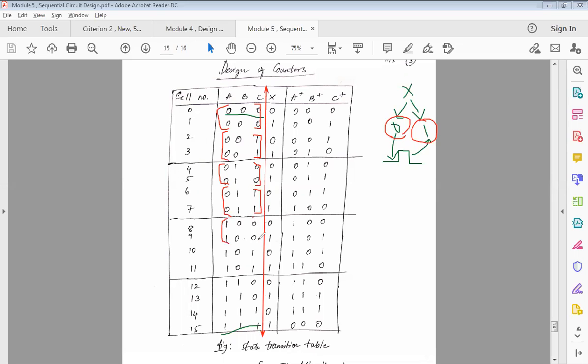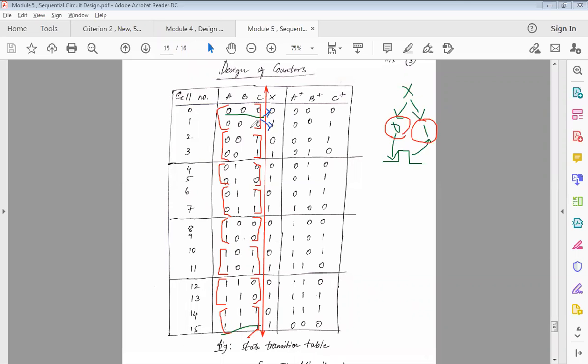Why do I have to write them two times, students? Because I have to check for 0 and for 1.